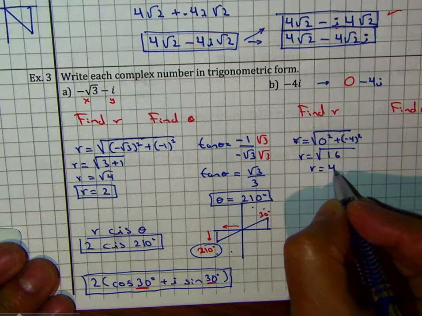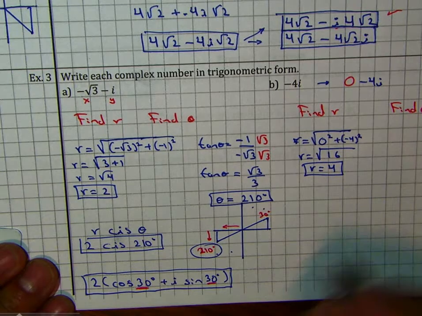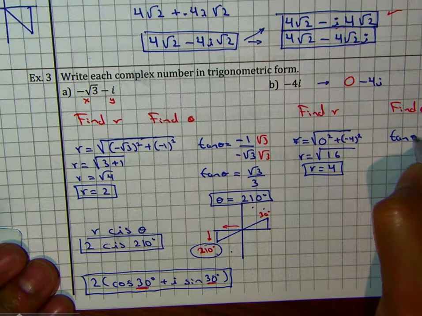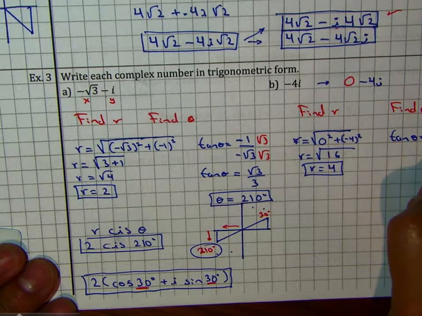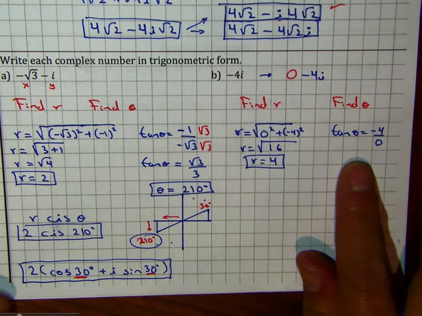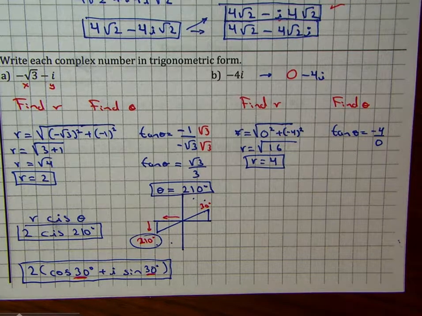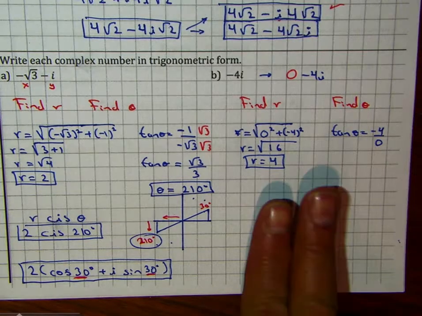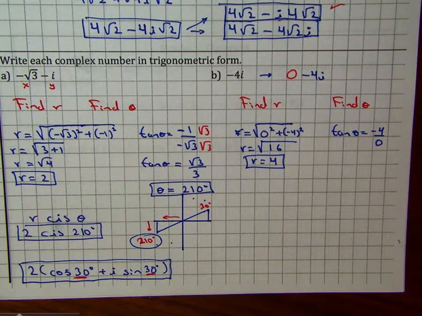R equals the square root of 16, so R equals 4. And to find my angle, I'm going to use tangent of theta is equal to y over x, which will be -4 over 0. So see if you can find the angle. What will be the angle that will give you -4 over 0? Go and pause it, and then we can continue on.